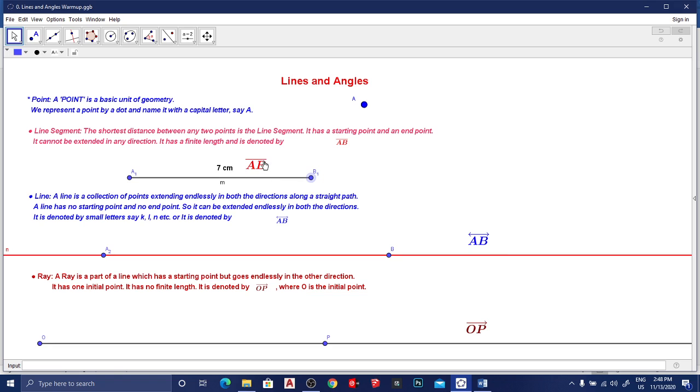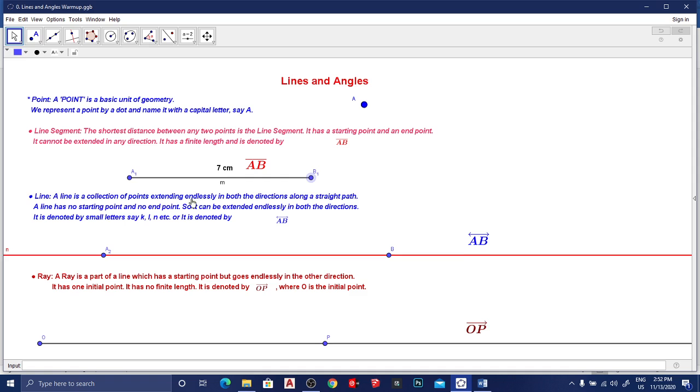Simply a bar is drawn above the letters AB. It has a finite length like 7 centimeters, 5 centimeters, 6 centimeters, and it cannot be extended in any direction.